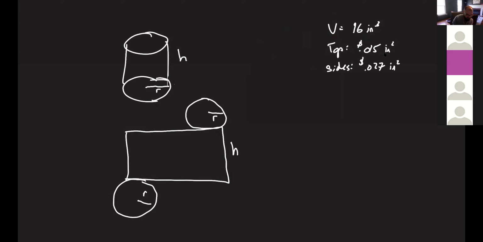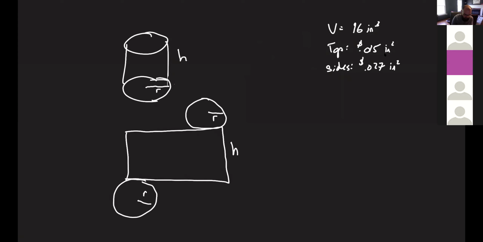So a good thing to think about when you're finding the volume of a prism: you have a shape where you have a fixed base and the sides go straight up. Anything that looks like that, you can find the area of the base and then multiply by the height.